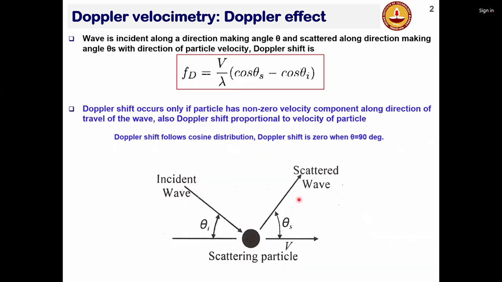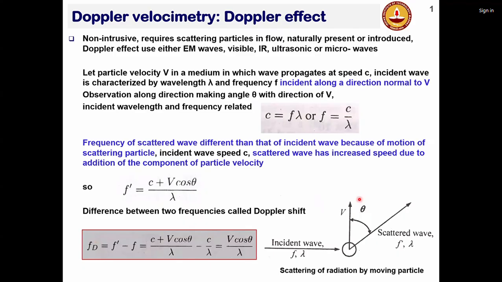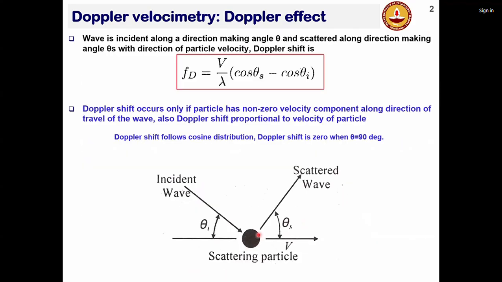Now, there can be a situation where the incident wave will not be normal to the flow velocity direction. So for example, here, you have a particle which is moving at velocity v along the direction of flow with the same velocity as the fluid velocity, that is v.